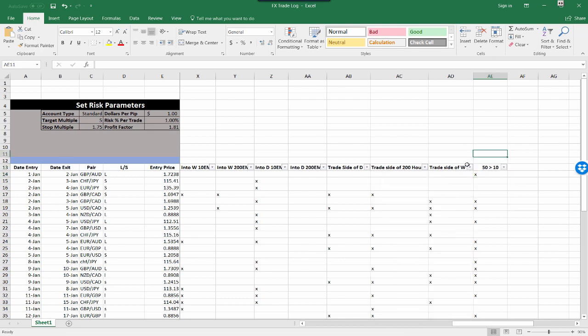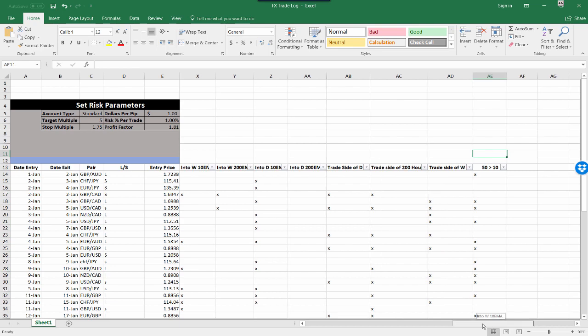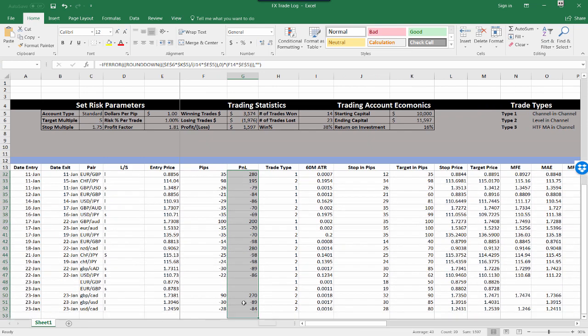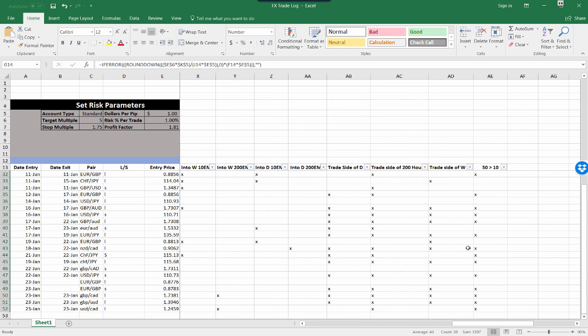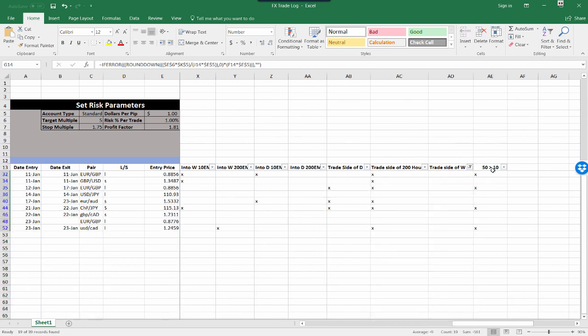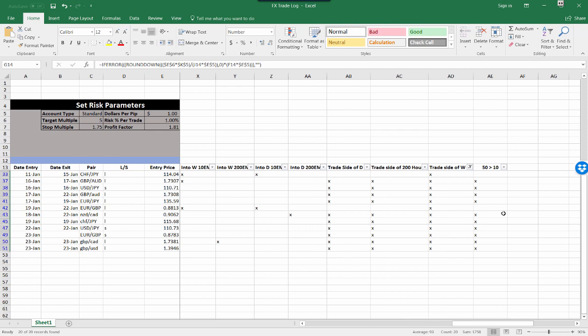And then let's look at this one. Oops. My profit and loss is no longer highlighted. Again, I removed the wrong one. Okay, guys. This is what I'm talking about.